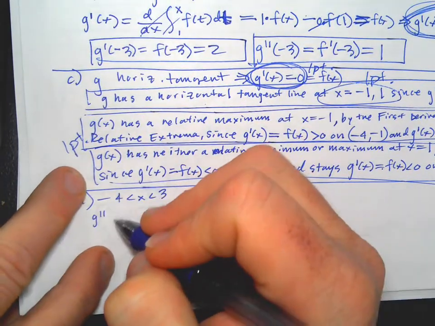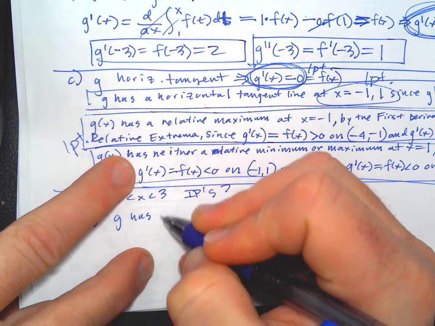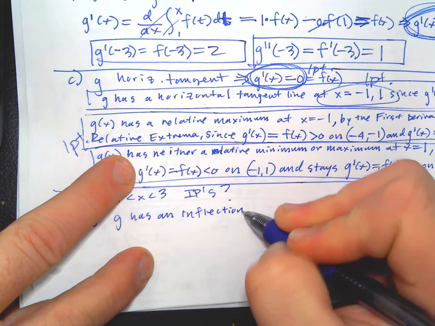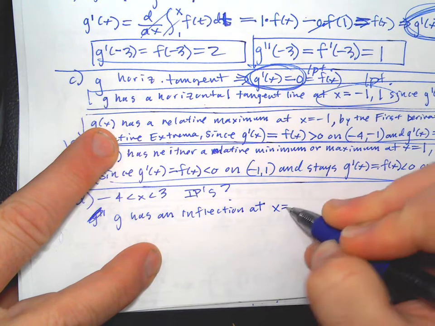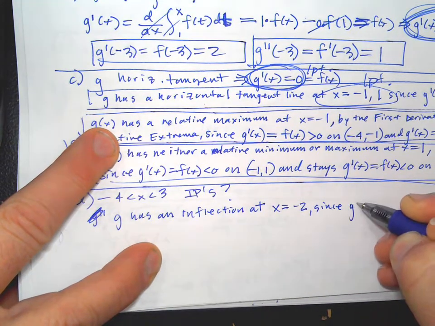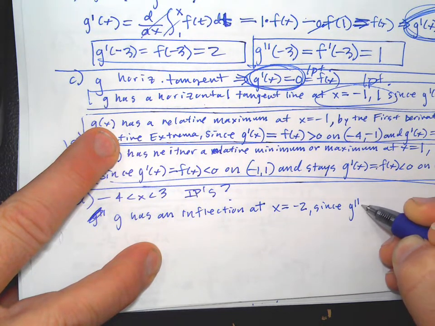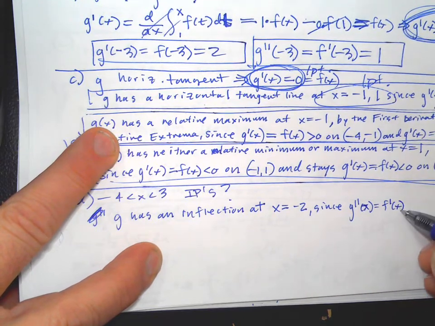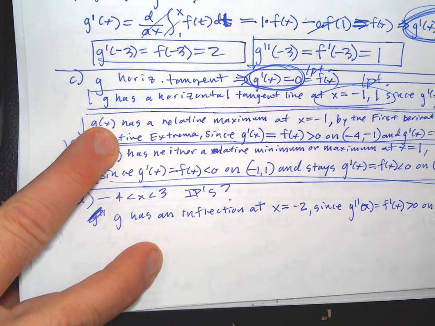So I'm going to say G has an inflection point at x equals negative 2 since g double prime of x, which equals f prime of x, is positive on the interval negative 4 to negative 2.